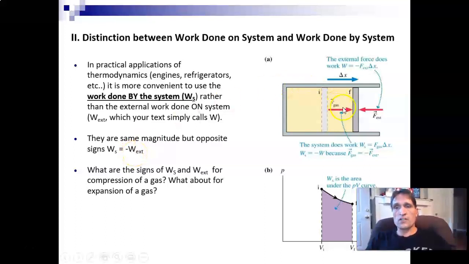For a compression, it's just the opposite: the external work is positive, and the work done by the system on the surroundings is negative. It's often easiest to just remember whether it's a compression or an expansion, tack on the appropriate sign, and then calculate the area under the PV curve to get the magnitude.